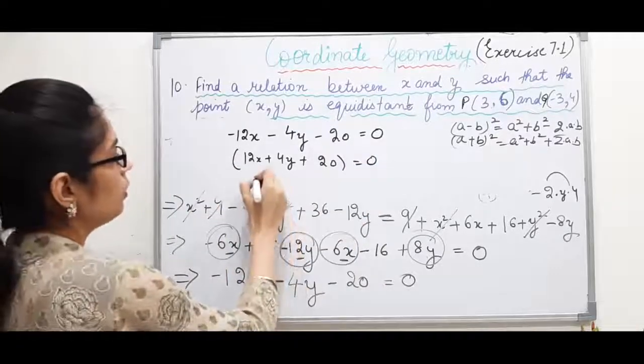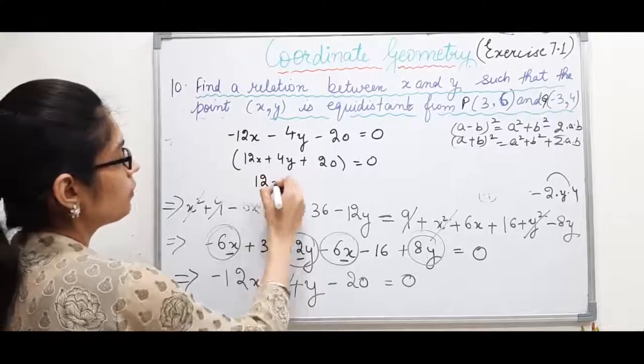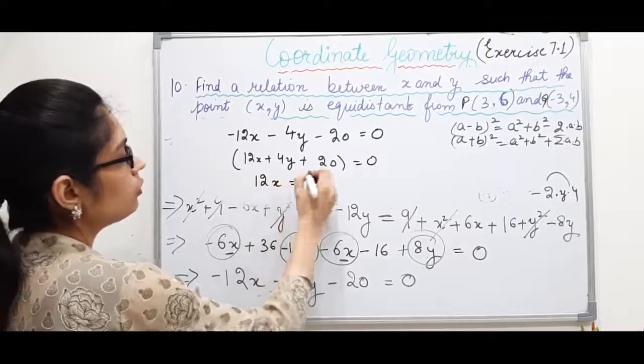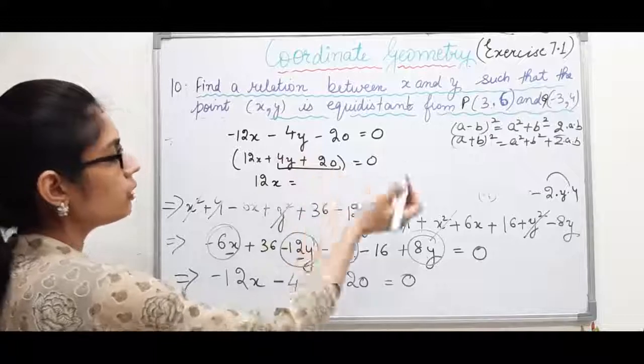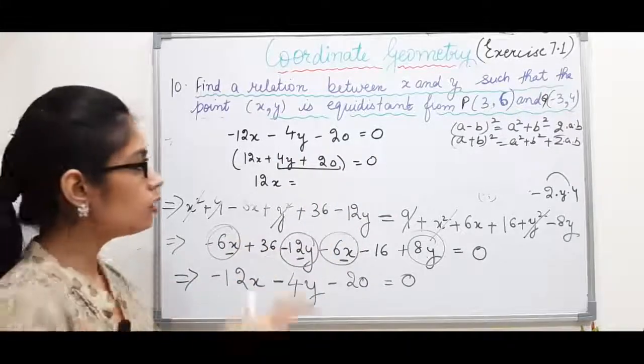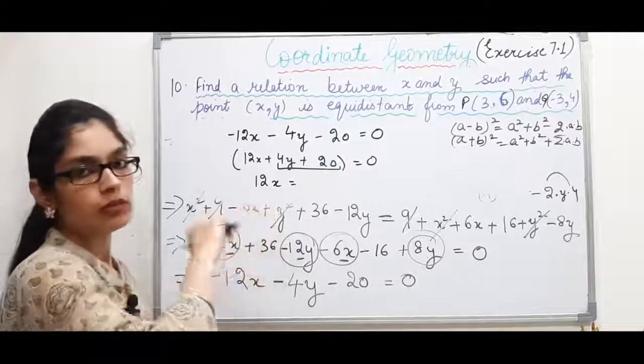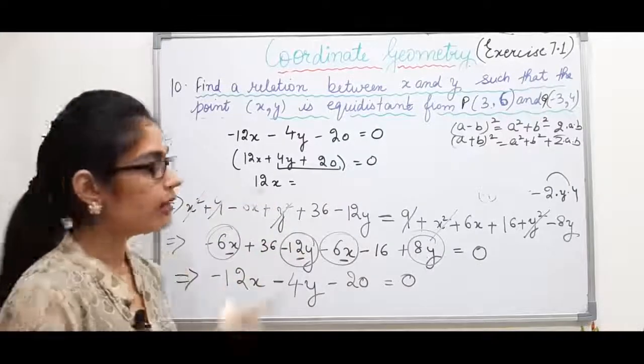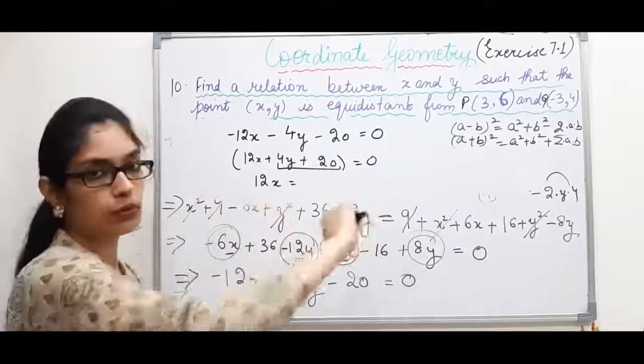Now 12x is equals to, these two terms we can shift to other side, because we have to find the relation between x and y, due to which any one of x or y should be on this side, other two terms on the other side.